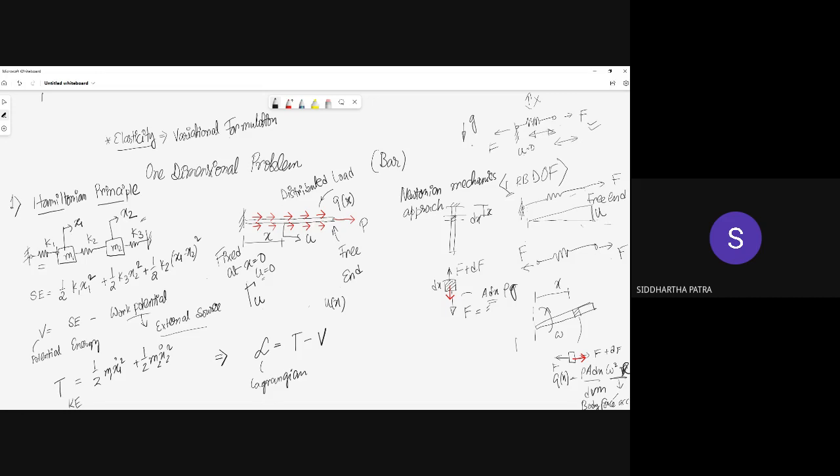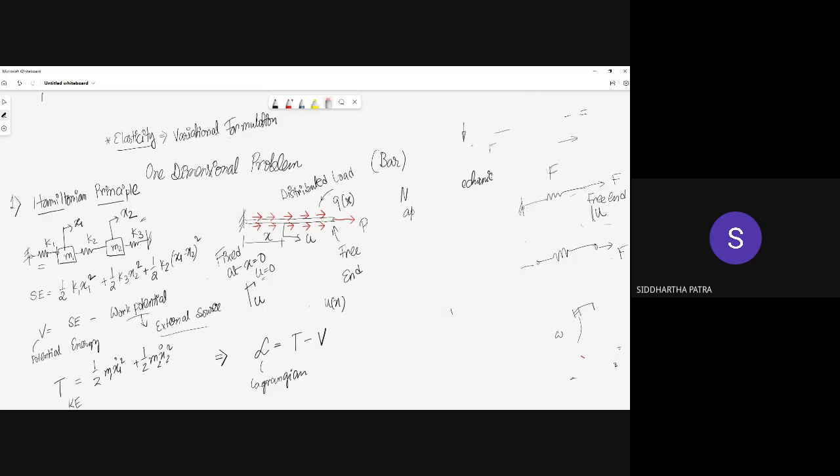This quantity right here is called the action, and it is the integration between t1 to t2 of this quantity.